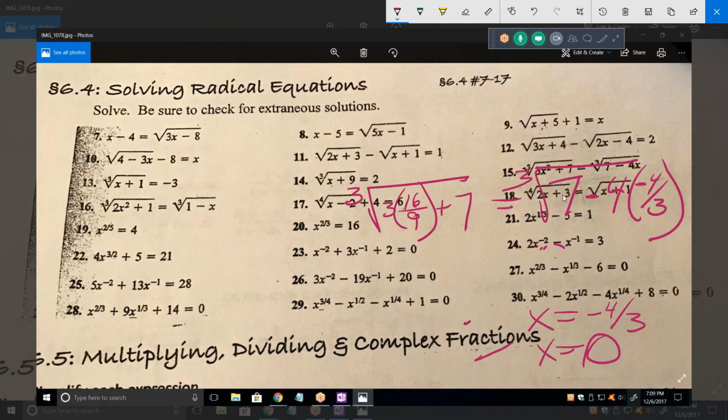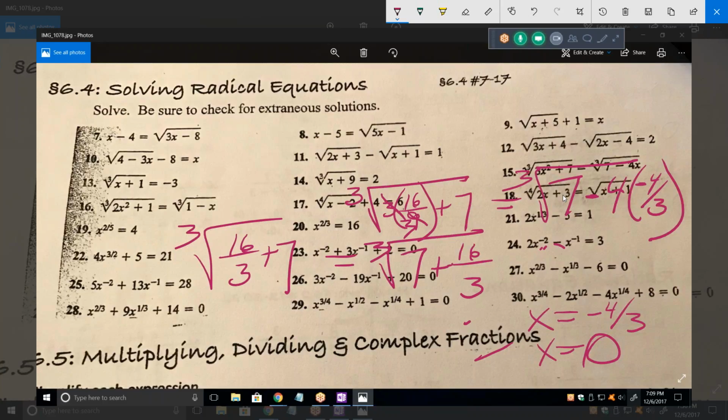So let's see. Over here, I got the cube root of 16/3 plus 7. Is that equal to the cube root of 7 plus 16/3?